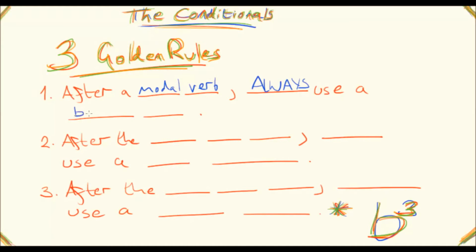We use a base form. What about number 2? After the auxiliary verb have, once again, we always use a past participle.